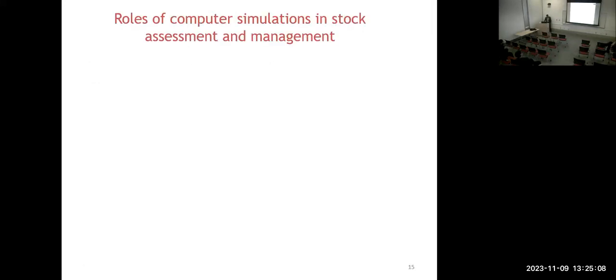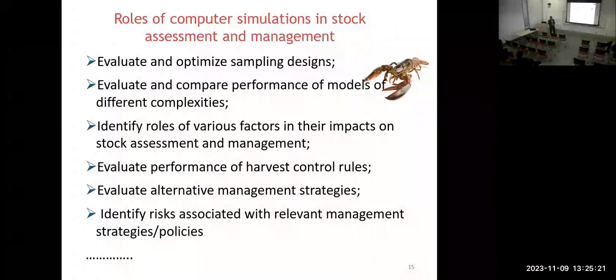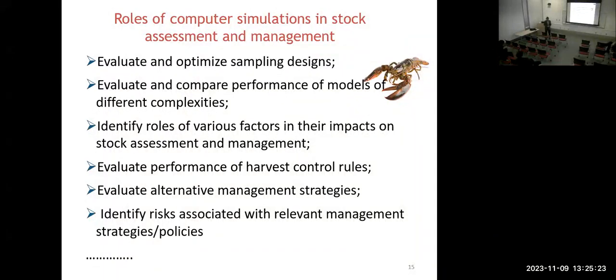Given that, think about the role computer simulation can play in that process. There are a lot of different ways of using computer simulations, sometimes larger scale computer simulations, to help reduce uncertainty and conduct research in fisheries.